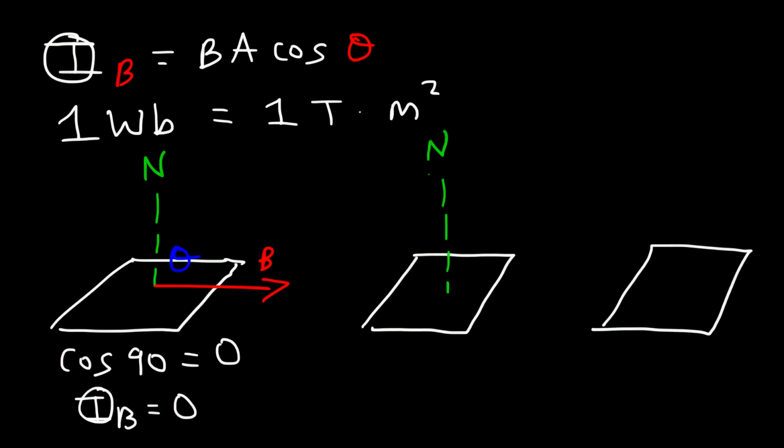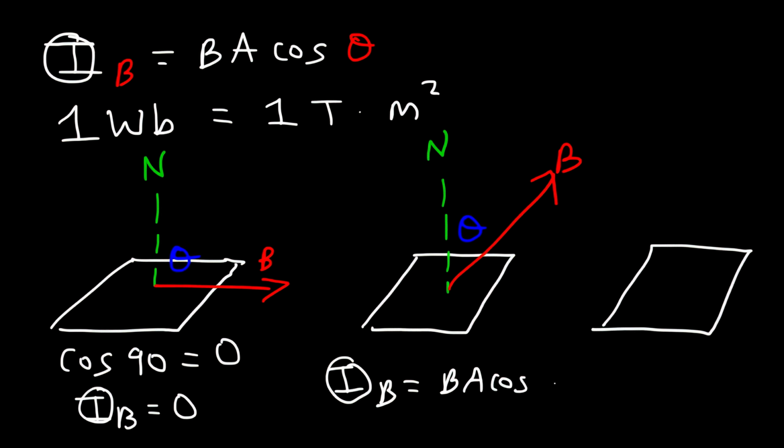Now let's say it's neither parallel nor perpendicular to the normal line. Theta is here. It's the angle between the normal line and B. So in this situation, the flux is simply BA cosine theta.